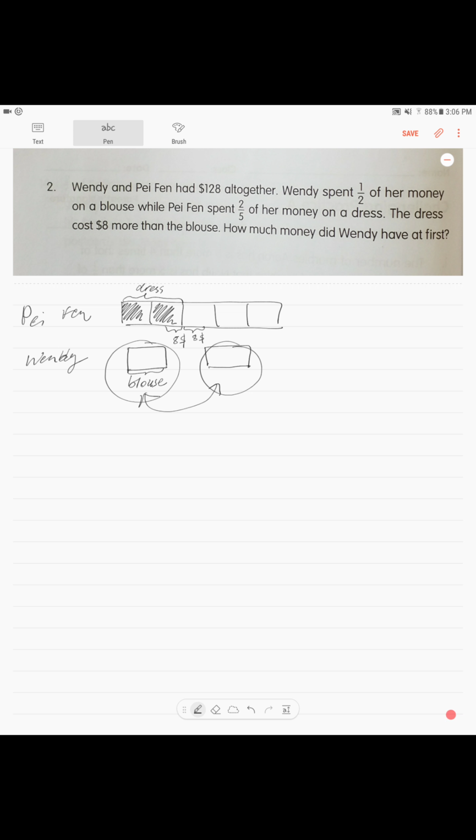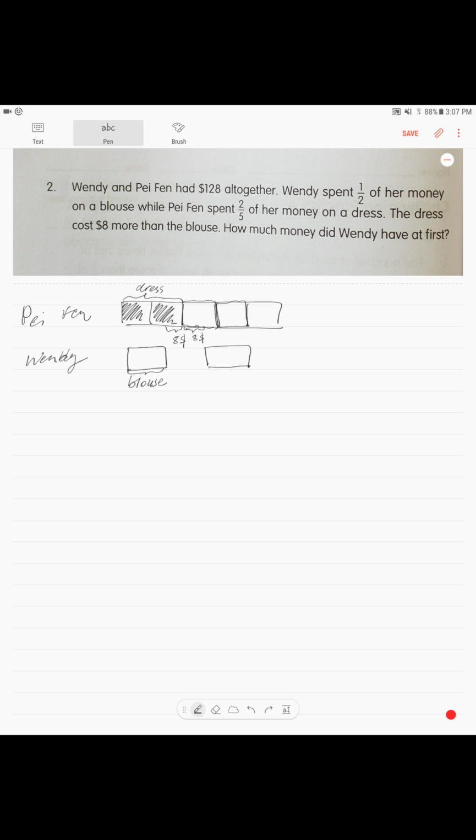This is another half of Wendy's money. We just mark it up like this: this unit and this unit, 2 units, $8 less. This thing is another half of Wendy's money. I hope this is clear. If not, just post a comment and ask me a question.